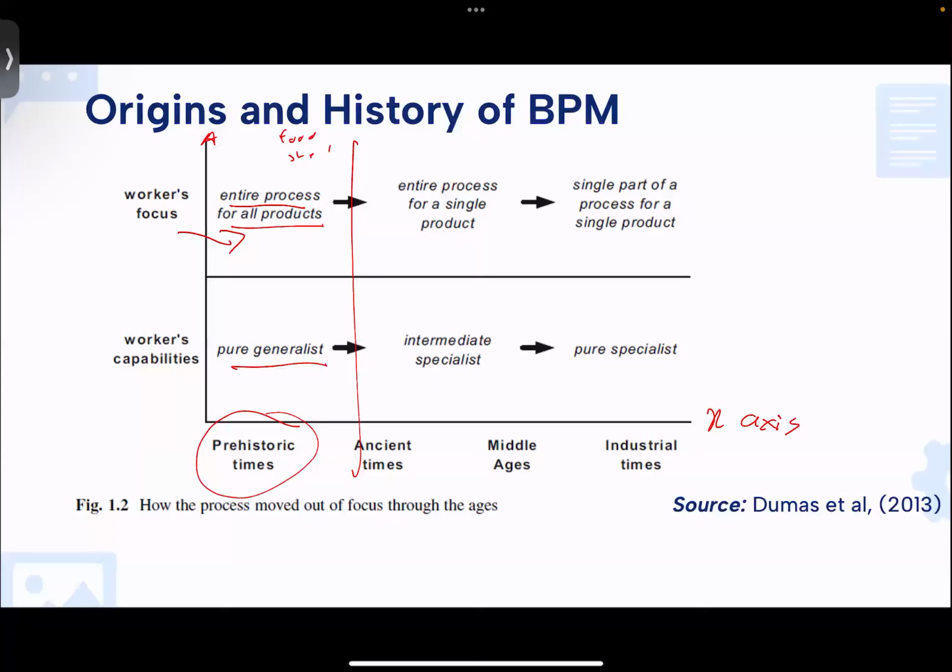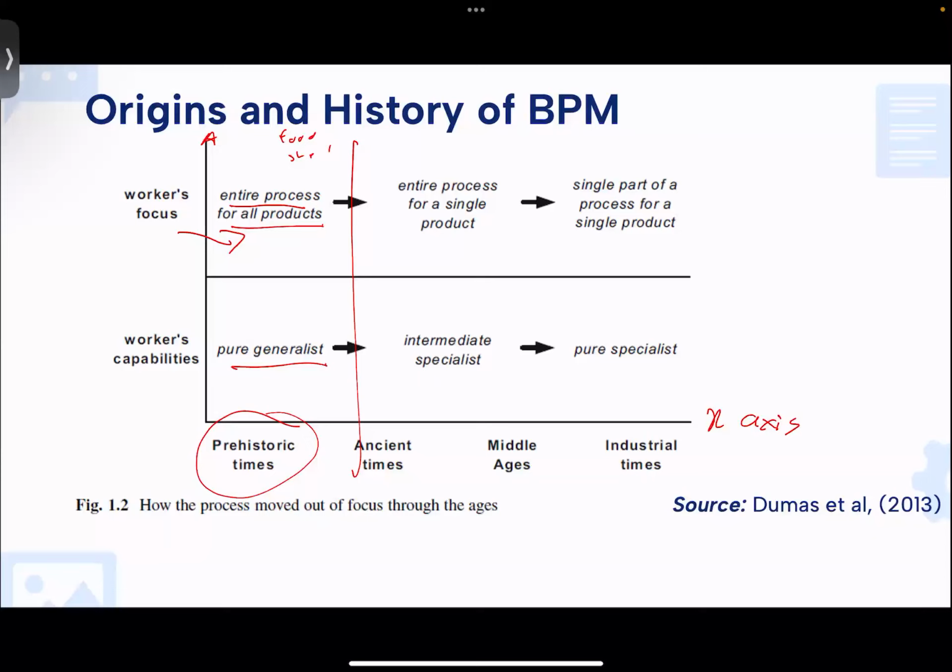It means they are capable of conducting all the processes of all the products. For example, if they are producing a computer, he is capable of producing a computer. If they are producing a table, he or she is capable of producing that table.